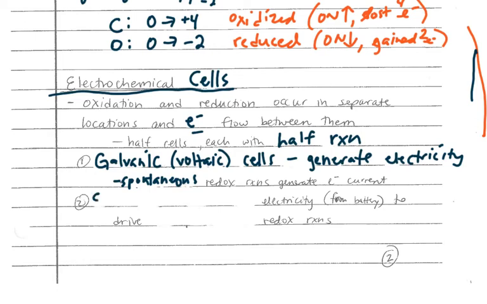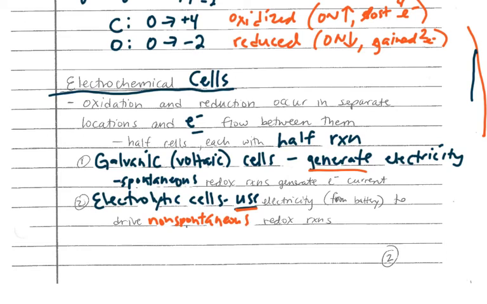Electrolytic cells are the other ones. These use electricity. So galvanic cells generate electricity. Electrolytic cells use electricity from a galvanic cell, probably from a battery, in order to drive non-spontaneous redox reactions.